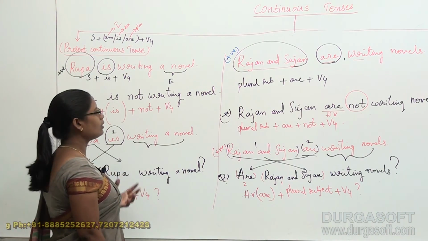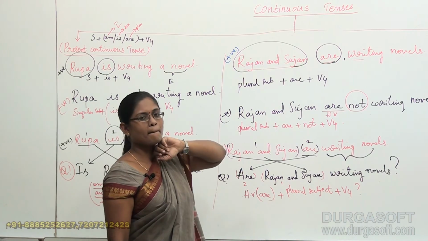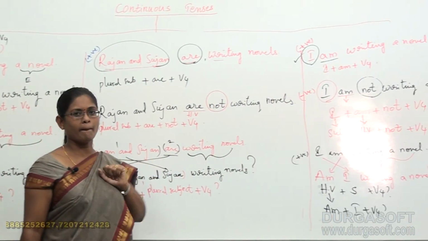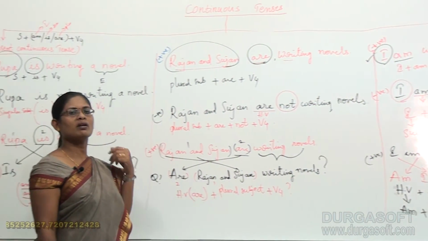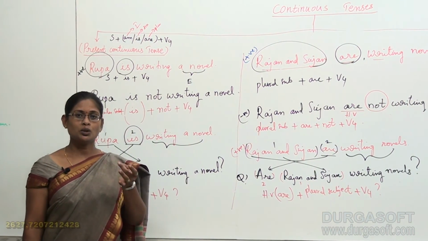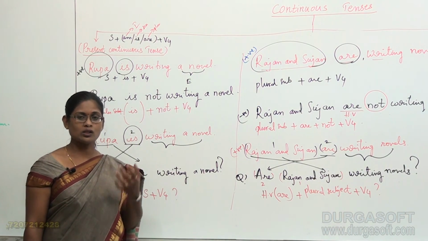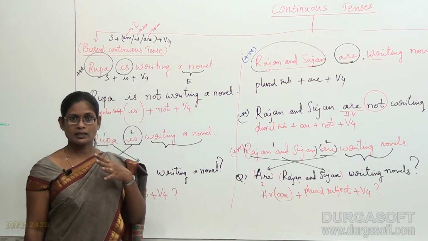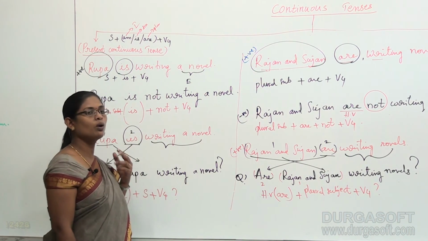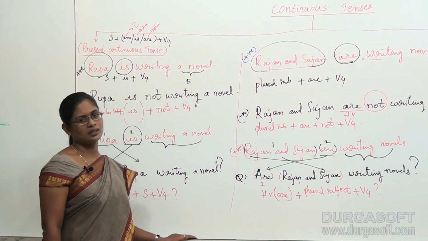In fact, I have dealt only with three subjects here, that is singular, plural and I. So, Rupa, Rajan and Sujan and I. You can deal with n number of examples like Sudha, we, they, you, it, these, those, this, that. So once you go home, please practice it. Automatically this becomes very easy for you. Okay.